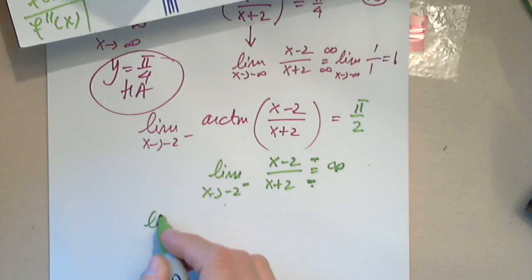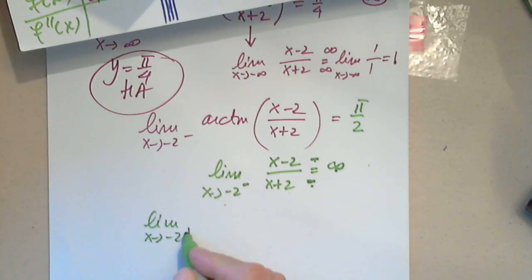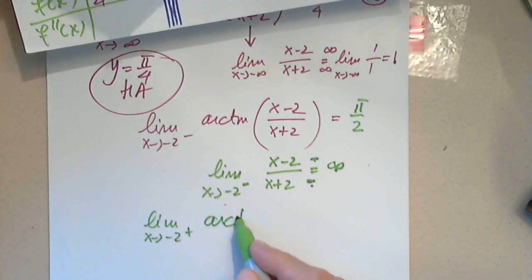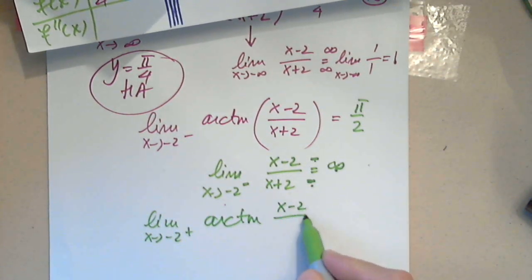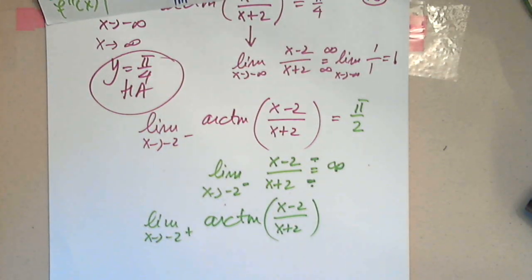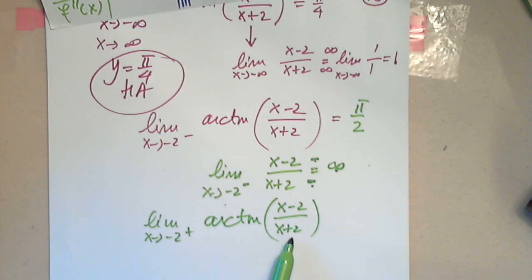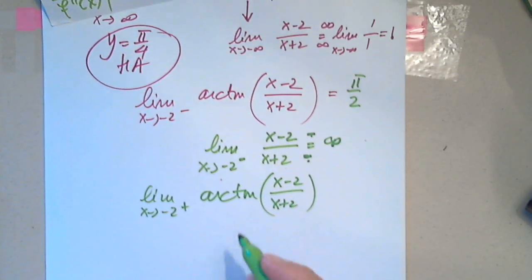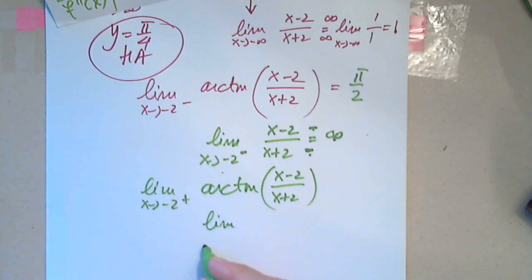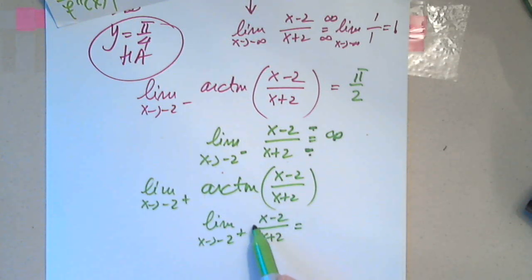For the other side, the limit as x approaches negative 2 from the right of arctangent of (x minus 2) over (x plus 2). Now this time, this no longer goes to positive infinity. It goes to the other side of (x minus 2) over (x plus 2). The numerator is still negative, but now negative 2 plus is negative 1.9, so the denominator will be positive, so this will be negative.